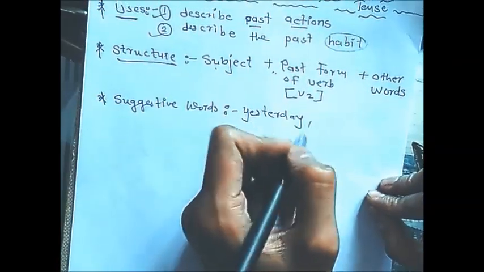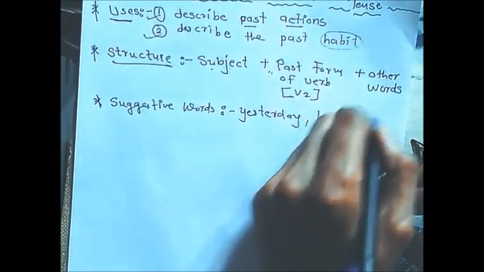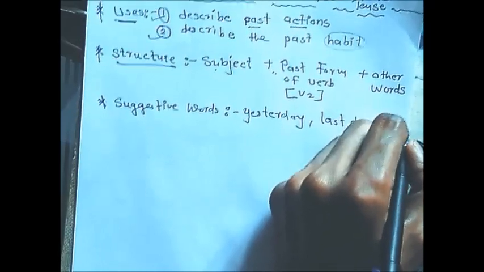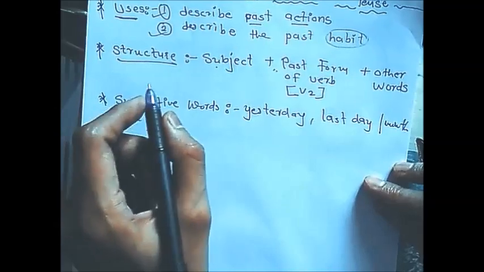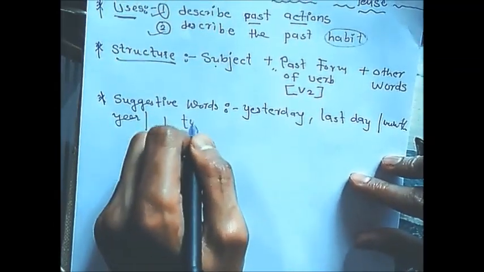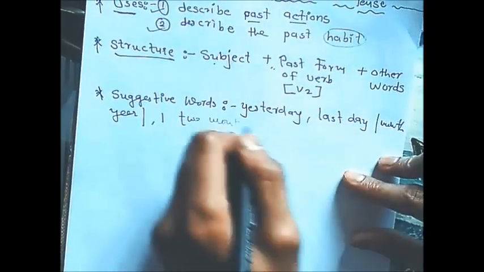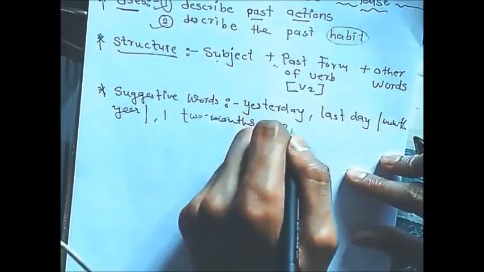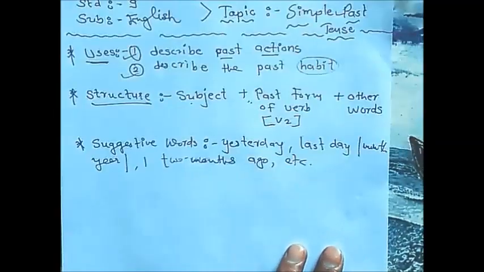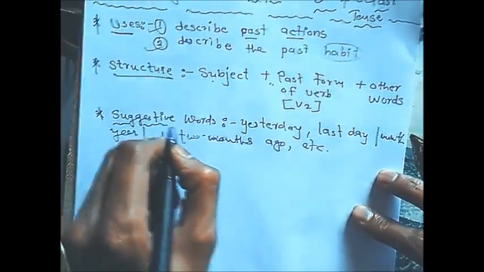Along with it, last day or last month or last year, etc. Then 2 months ago, 2 weeks ago, 2 days ago, etc. So these are the words which can show you that this is of simple past tense. These are the suggestive words.